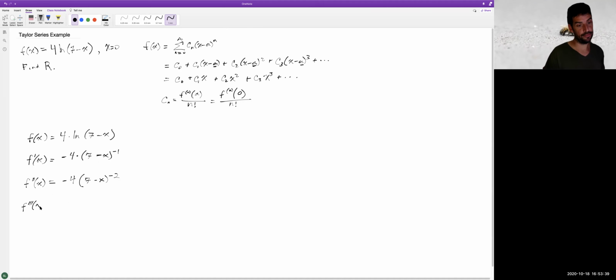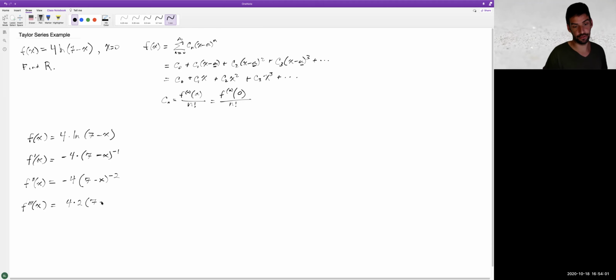F triple prime. Same thing. I'm going to get negative 2 times negative 4. Now I'm just going to write 4 times 2. I'll say why I'm doing it this way in a second. I'm leaving them positive because we've got a negative times a negative. So negative 4 times negative 2 will give us a positive 8.